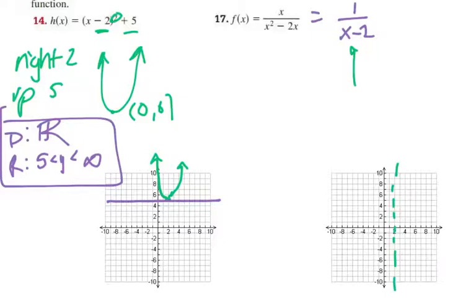So what's going to happen is there's going to be a graph that goes like this, but then at 0 we're actually going to have an open space. So interesting, sure. And then over here, it's going to go up like that. Alright, so let's go ahead and talk about the domain.